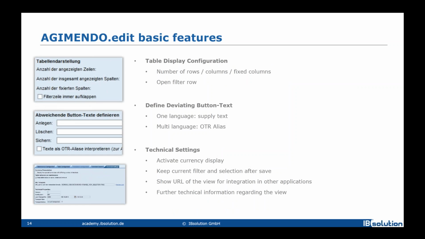There are options to configure your view as you see fit, which are the number of rows, number of columns, fixed columns, or columns that even when you scroll sideways will still be visible. There is a possibility to rename the button text.